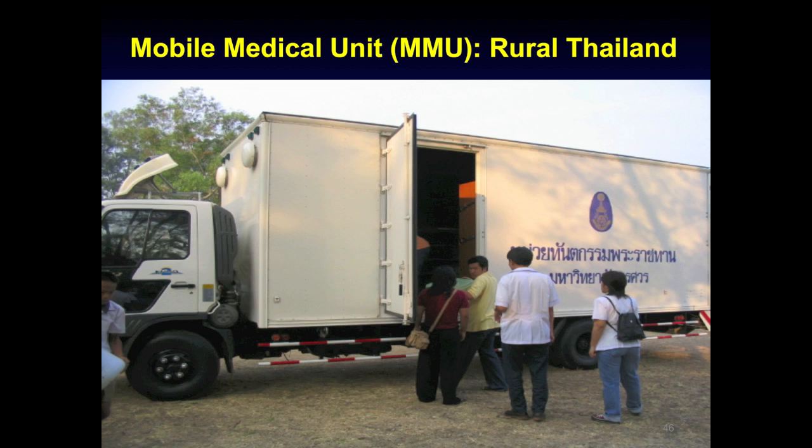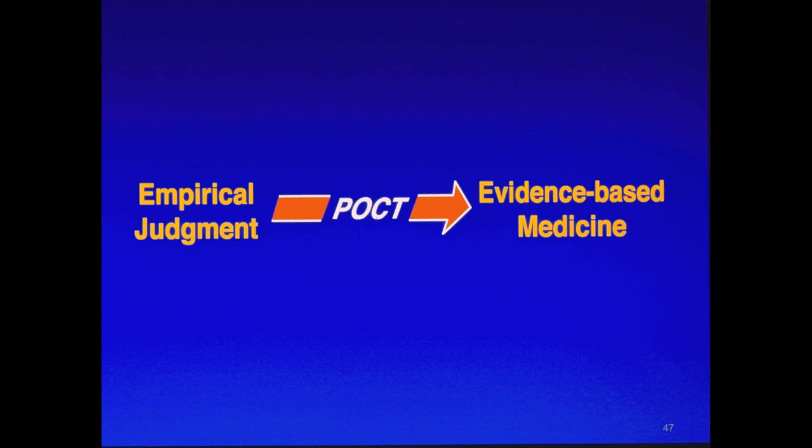Slide 46 shows you the MMU, and the next slide makes the point that for point-of-care testing to impact positively medical and economic outcomes, we really want to shift what heretofore might have been empirical judgment and guesswork to actual evidence-based medicine. And this is the theme of this principle.